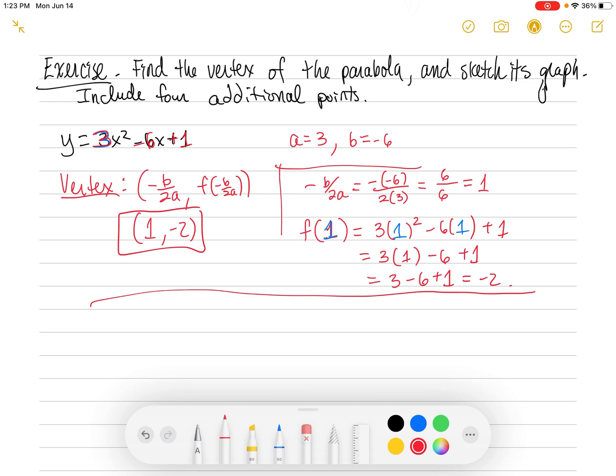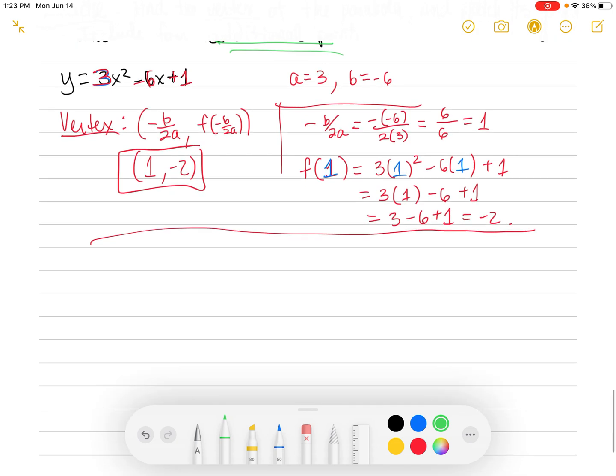Now, we're not finding the x-intercepts where it crosses the x-axis. We're not finding the y-intercepts where it hits the y-axis. We're just going to find 4 additional points. Now, how are we going to do that? We already have f of 1 is minus 2.